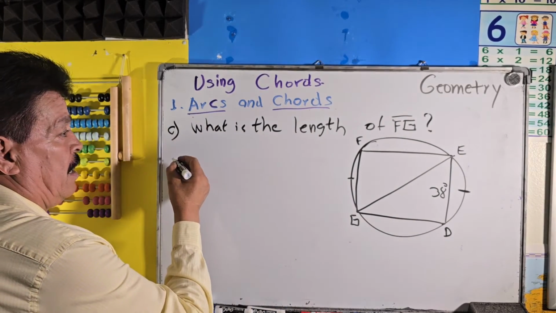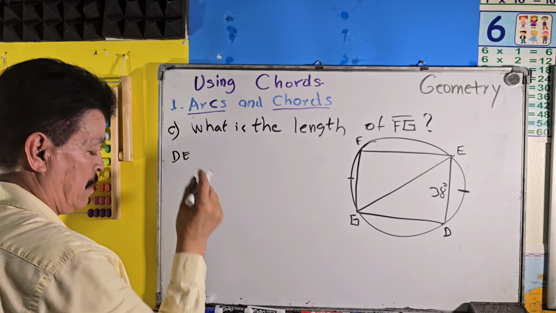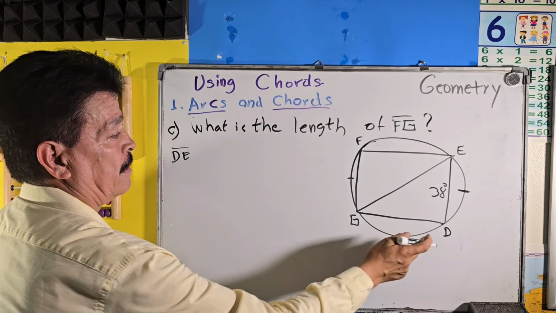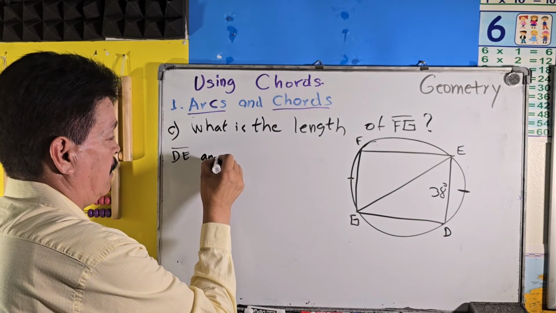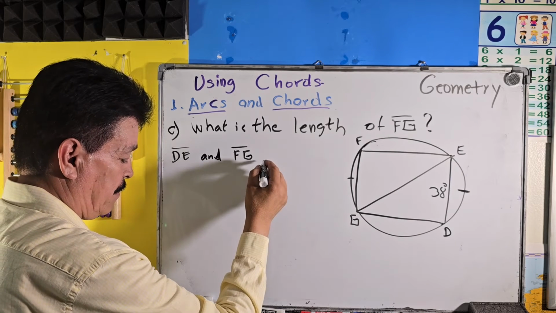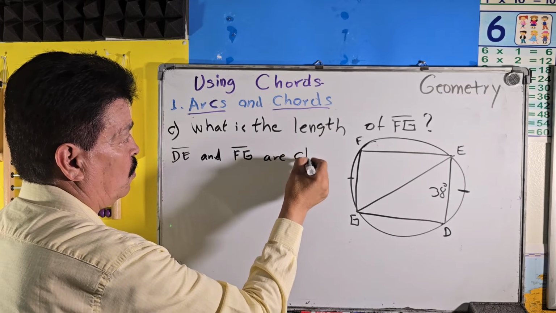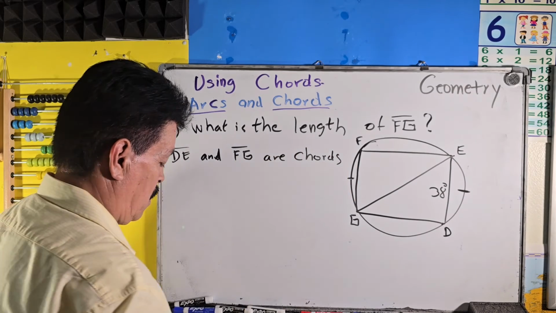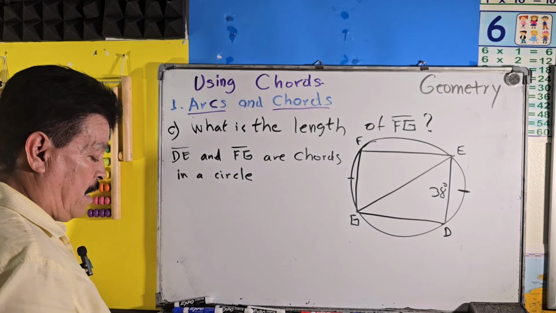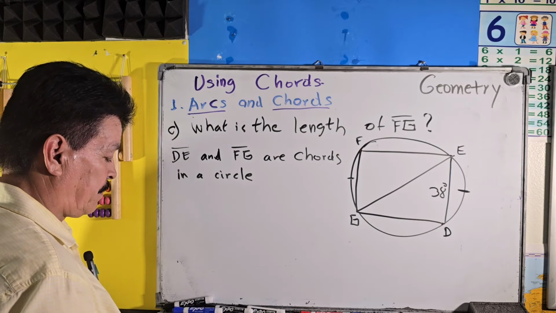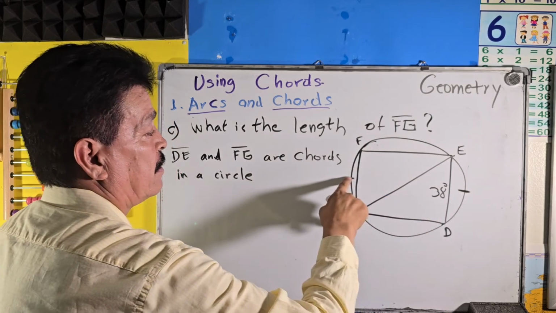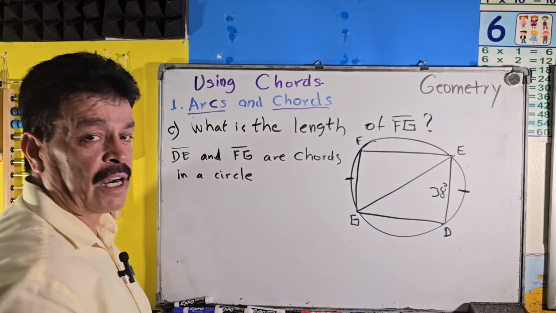So the chords DE and FG are chords in a circle, right? And then the corresponding arcs are congruent. See the arcs? This is the corresponding arc, they are congruent.